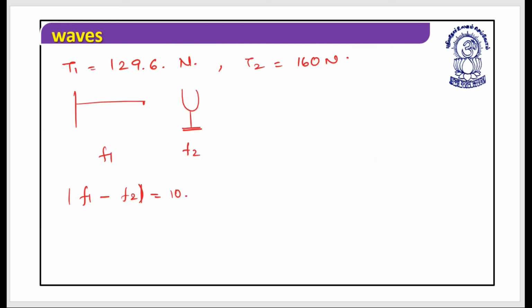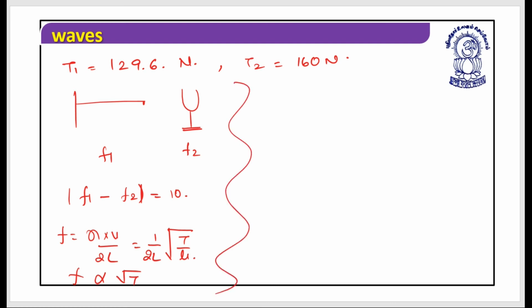Okay, so what we understood is that F is equal to N into V by 2L, and V by 2L is 1 by 2L under root of T by mu. So basically frequency is directly proportional to the root of T. I hope this is clear.